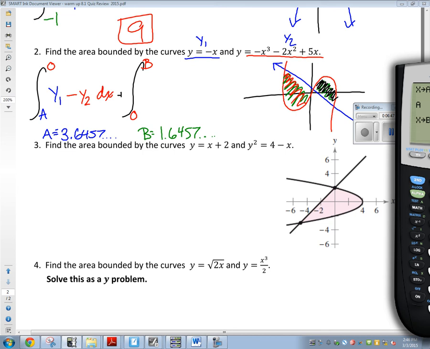Then I'm going to add to that the second bit of graph. For that one, the top line is the red line there. So I'm going to start with y2. Let's color code it. So y2 minus the blue line y1. I need to type that into my calculator.